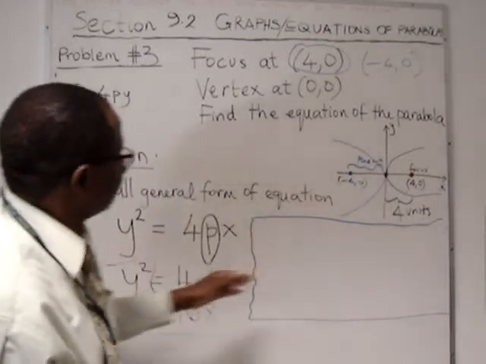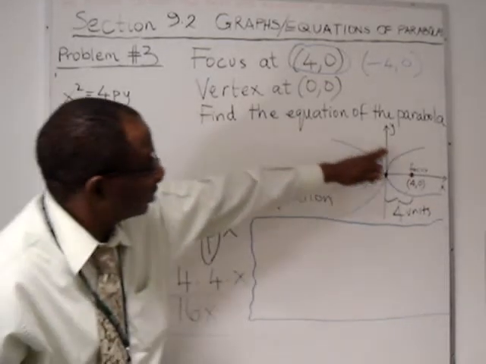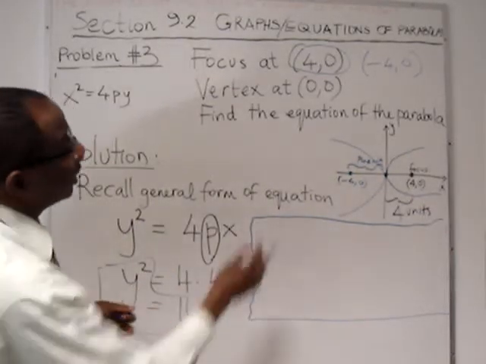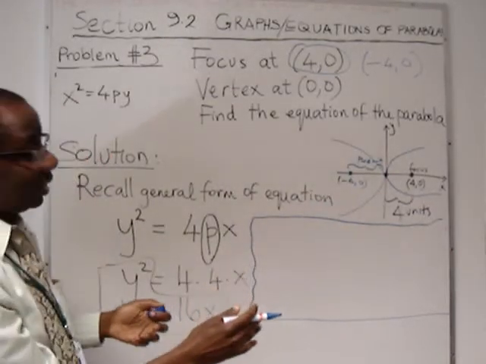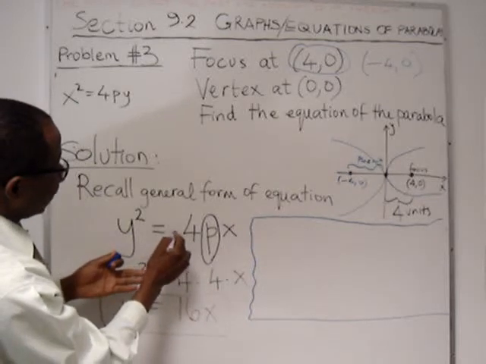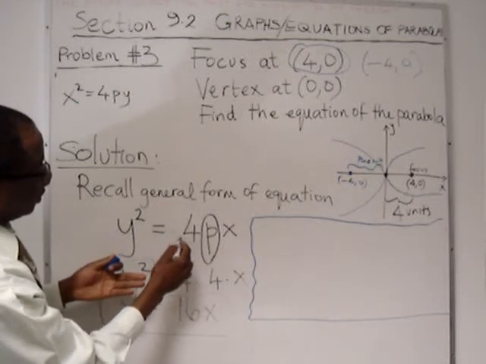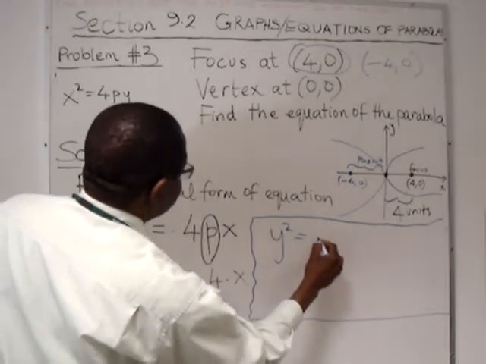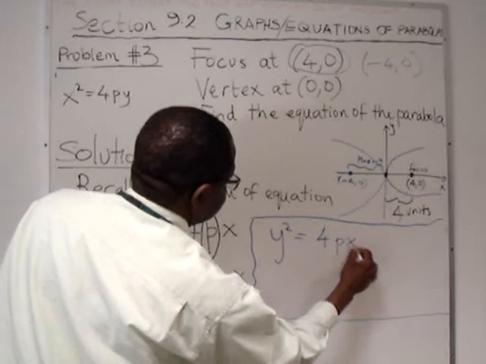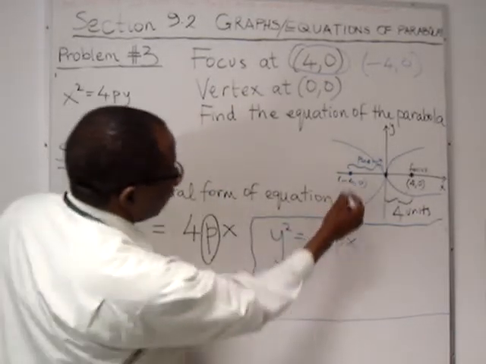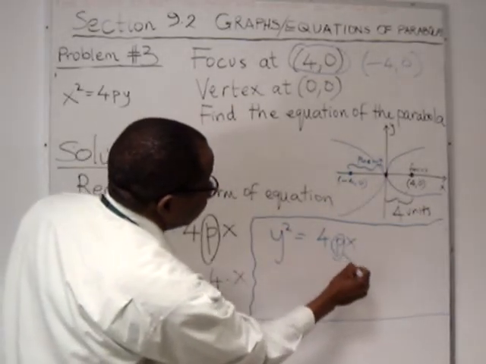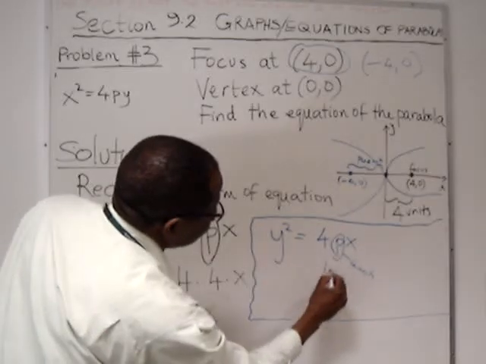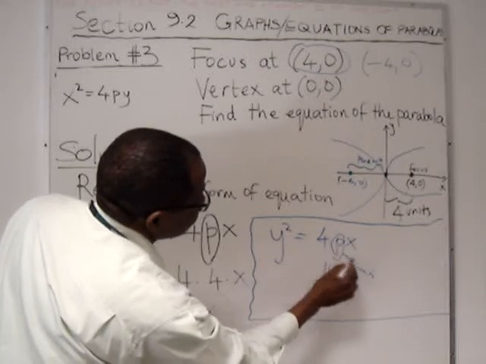But how does the fact that this is looking this way affect your answer here? All you have to remember is that it's facing left. It means that this will be negative, so your standard equation is 4px but then you know your p is 4 units. So you know that there will be 16x here, meaning 4 times 4.